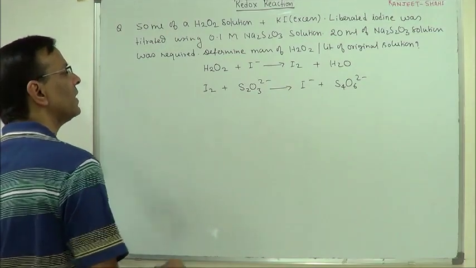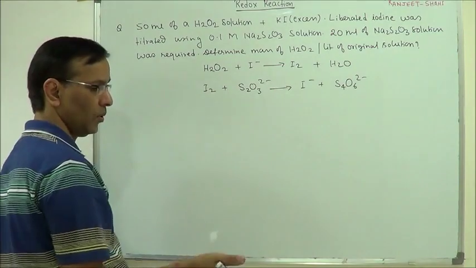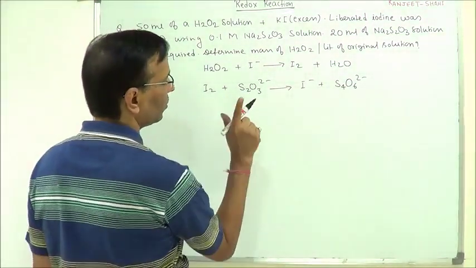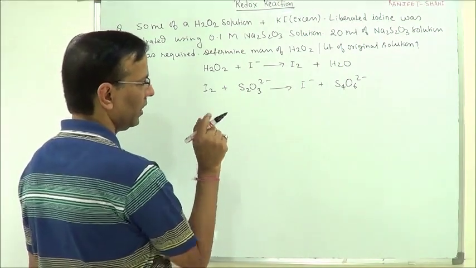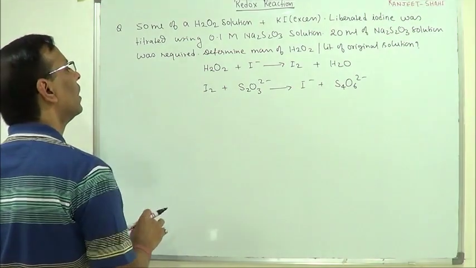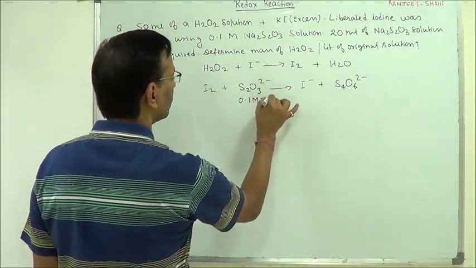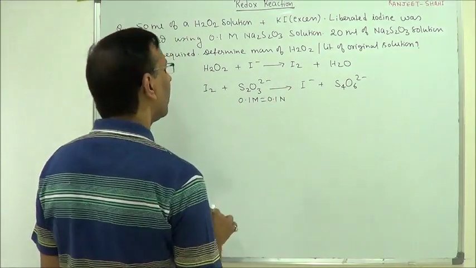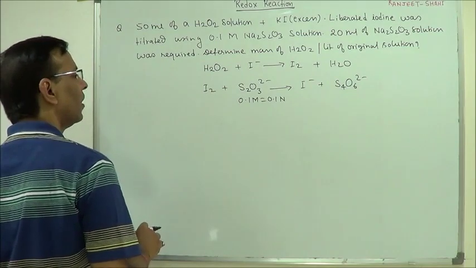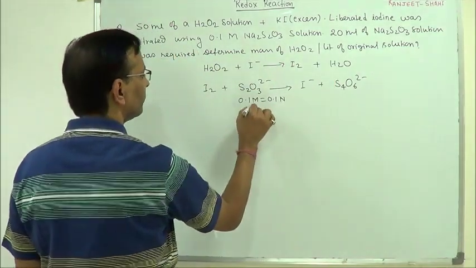We have seen that the N factor of S2O3 2-, thiosulfate (hypo), is 1 in iodometric titration when it reacts with iodine. So its 0.1 molar is also 0.1 normal, and its 20 ml is required.